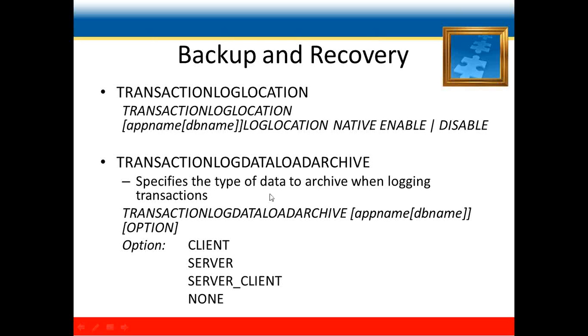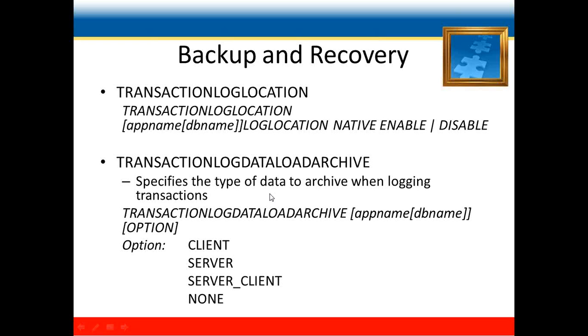The other setting that you can have for backup and recovery is the transaction log data load archive. This setting specifies the type of data to archive when logging transactions. You can have different options while archiving the type of data.